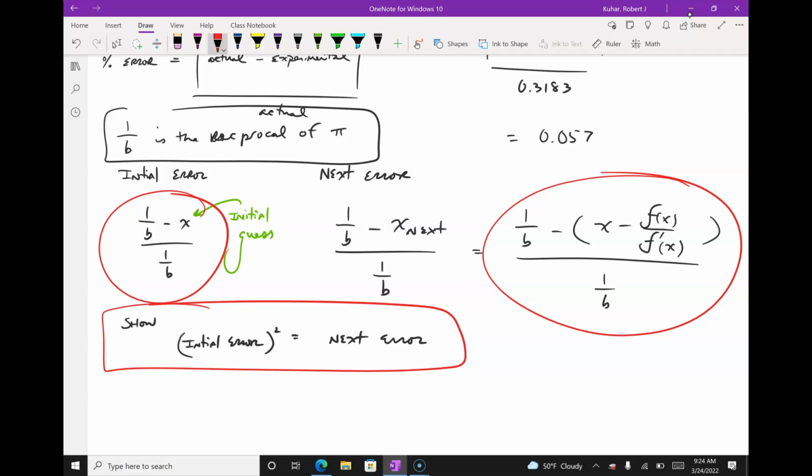And eventually goes to what? 0. If I keep squaring a number between 0 and 1, it's going to eventually go to 0. And that's when we know we have our answer in Newton's method, right?